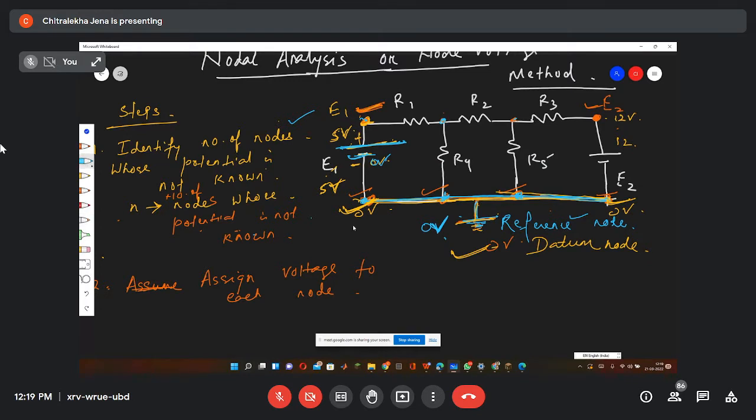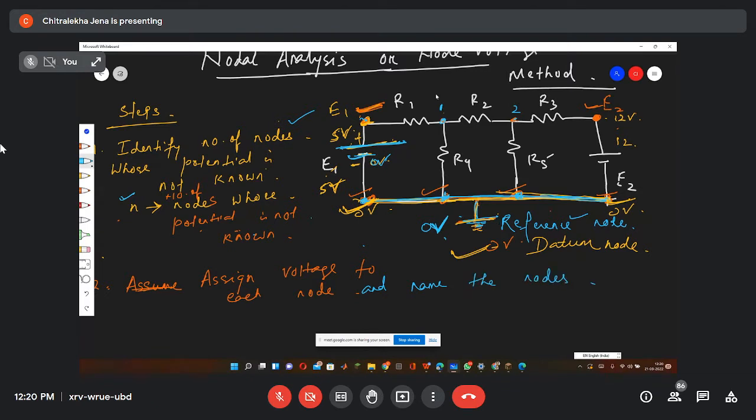How many nodes are there whose potential is not known? What is the value of n? Tell me quickly. 2. This is 1, this is number 2. So assign voltage to each node and name the nodes.